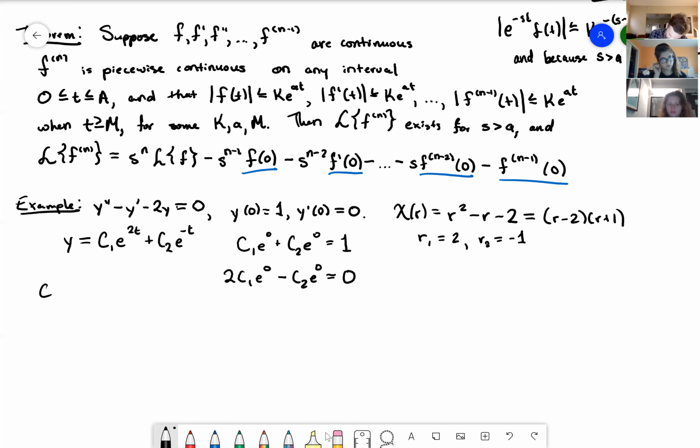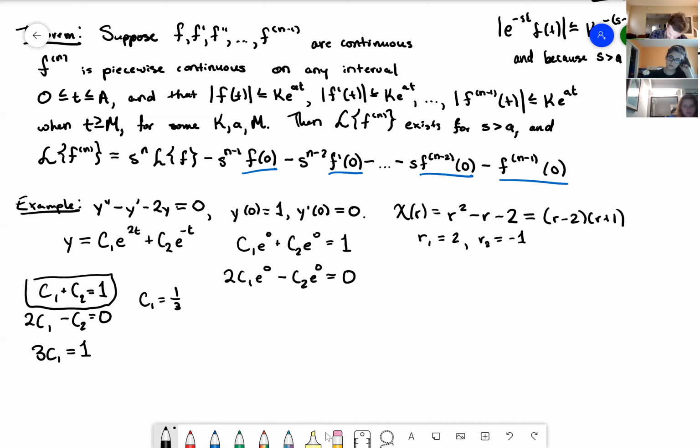So in other words, c1 plus c2 equals 1. 2c1 minus c2 is equal to 0. If I add these together, I get 3c1 is equal to 1. I get c1 is 1/3. And then using this equation right here, I can figure out that c2 has to be equal to 2/3.